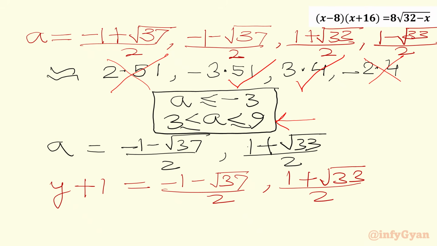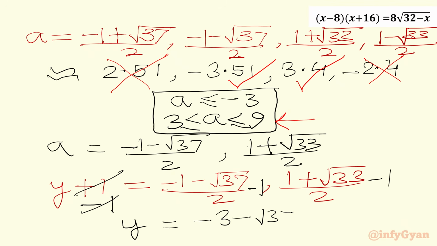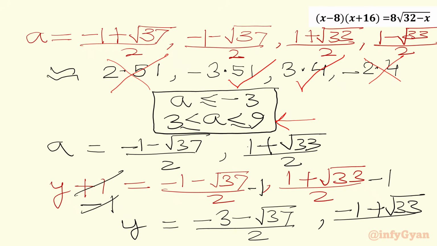To get the value of y, we should subtract 1. So I will write here −1, −1, −1. Plus 1 and minus 1 will get cancelled out. We will get y equal to −1 − 2 is −3, so −3 minus square root 37 over 2. 1 − 2 will give us −1 plus square root 33 over 2.